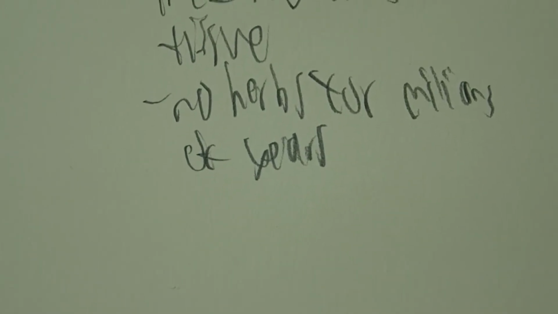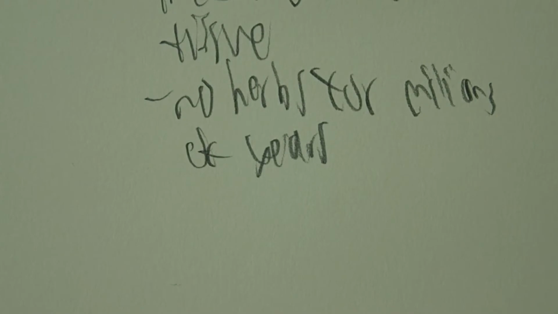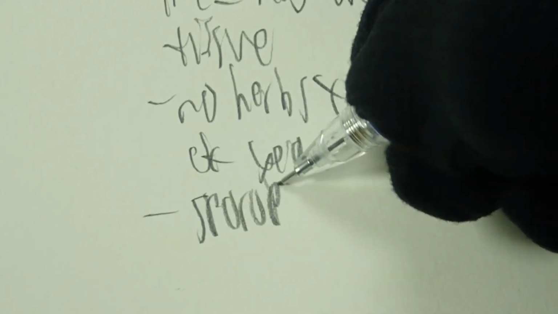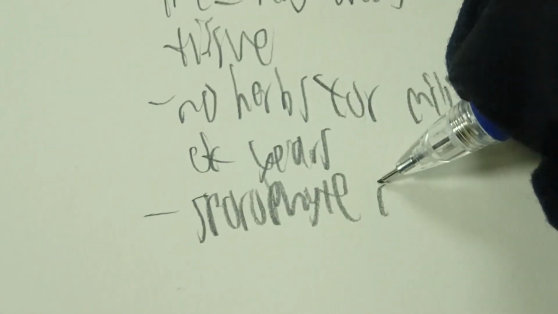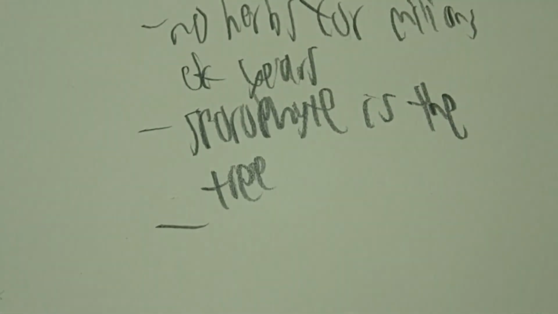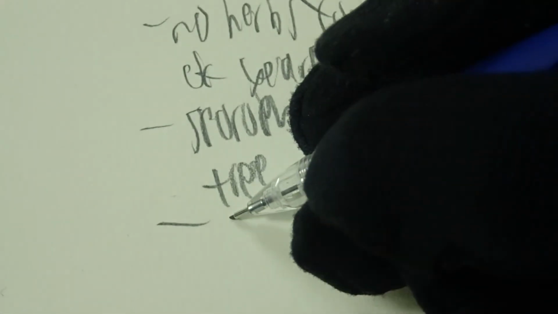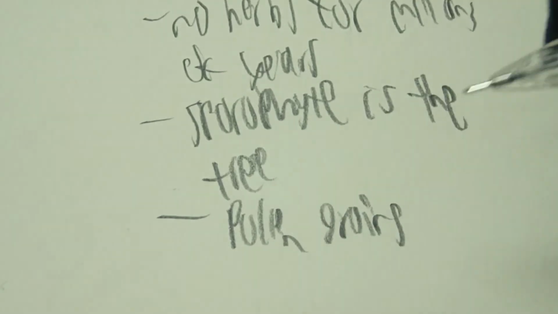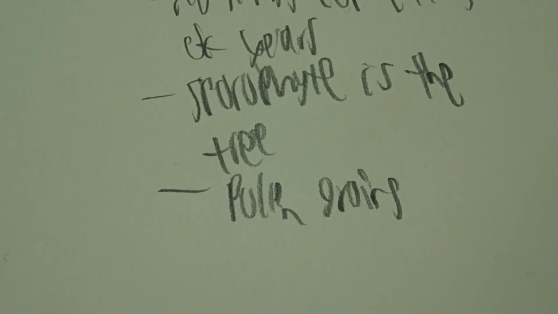However, you may be wondering what the sporophyte and gametophyte are like. The sporophyte is the tree, and the gametophyte has been reduced further into pollen grains. At least that's the male gametophyte.